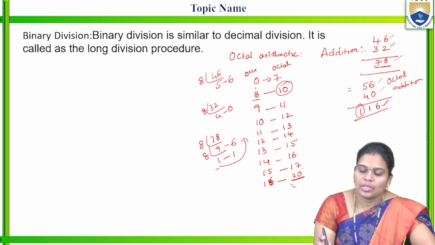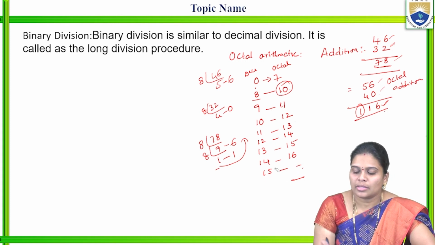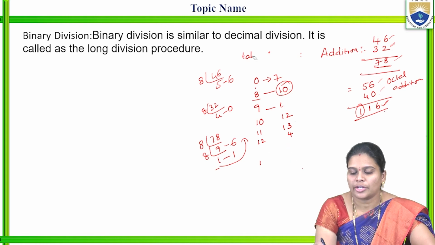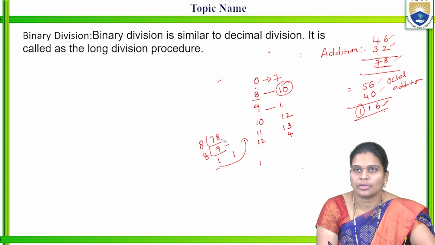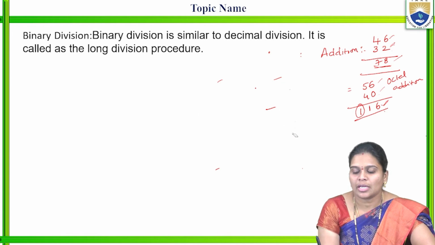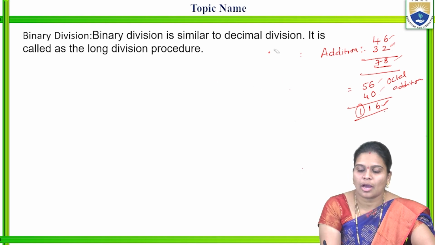Okay. So similarly, with the same values we are taking the octal subtraction. This is the octal addition. Okay. So next one is the octal subtraction. So we'll see octal addition, octal subtraction, and the r's complement and r minus 1's complement.